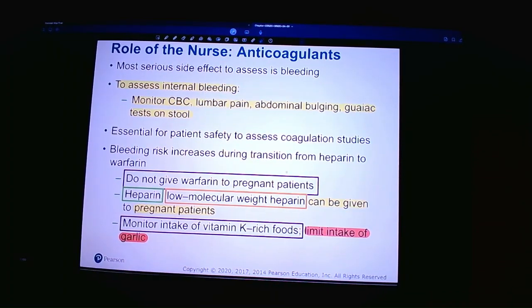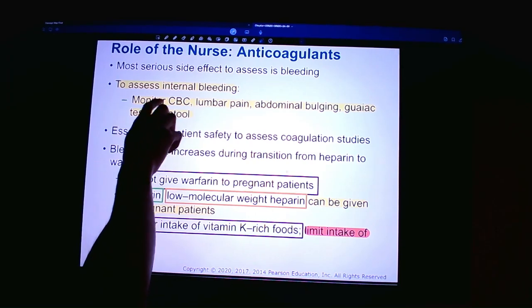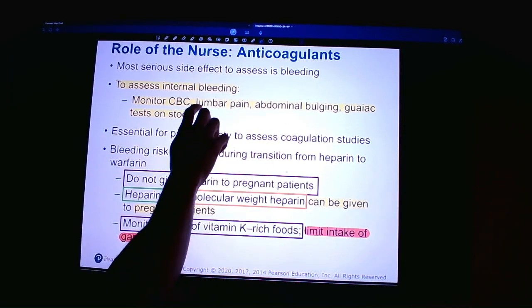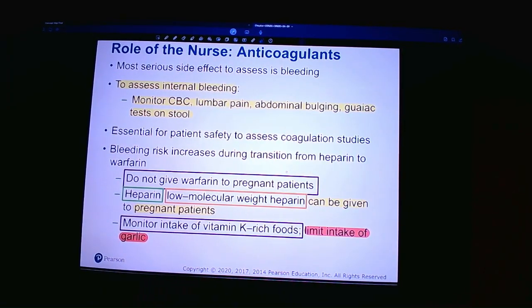And then here's that role of the nurse. This is why the color boxes are very important, because this is like a review for everything. You want to monitor CBC, makes sense. Lumbar pain is very important because it could be indicative, especially after a lumbar procedure, of bleeding in the spinal cord.